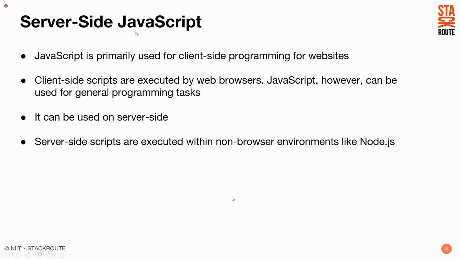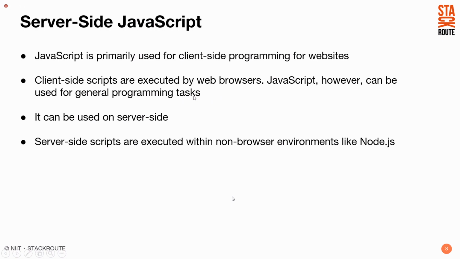What is it telling over here? JavaScript is primarily used for client-side programming of websites. Fine, we know that. Client-side scripts are executed by the web browser. That also we know. JavaScript, however, can be used for general purposes. JavaScript is a very powerful programming language.